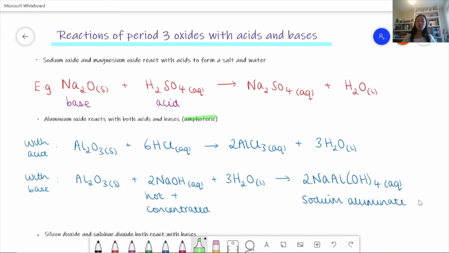And it's really important to remember these two products in particular, because you'll definitely be asked about that. So you'll be asked what happens when aluminium oxide reacts with acid, and also what happens when it reacts with a base. So it's really important to remember the equations, and also the different products that are formed depending on whether it reacts with an acid or with a base.